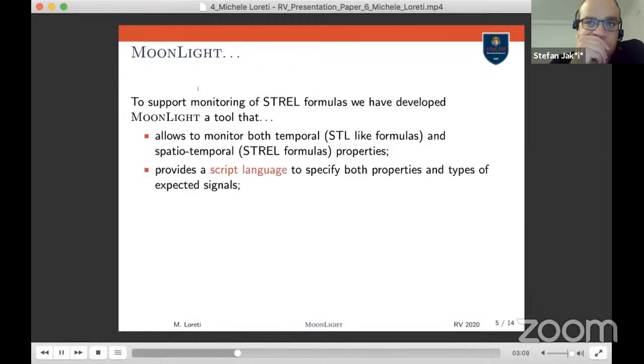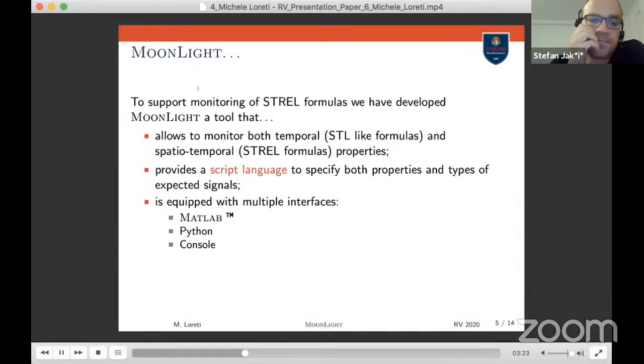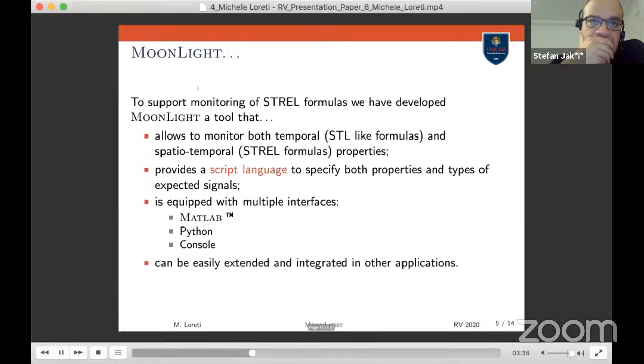We have developed a script language that simplifies the specification of the properties and the declaration of the expected signals. The tool integrates a number of interfaces that permit using Moonlight within MATLAB or Python, or you can use the tool via a console.